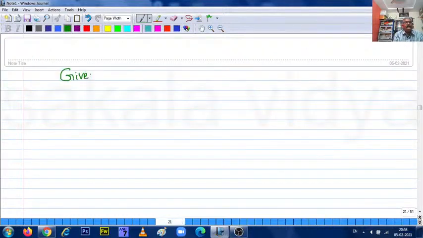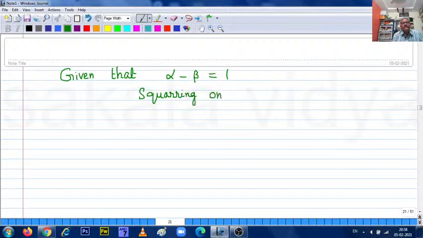Given that they differ by 1, alpha minus beta is equal to 1. Squaring on both sides, what do you get now? Alpha minus beta whole square equals 1 square.